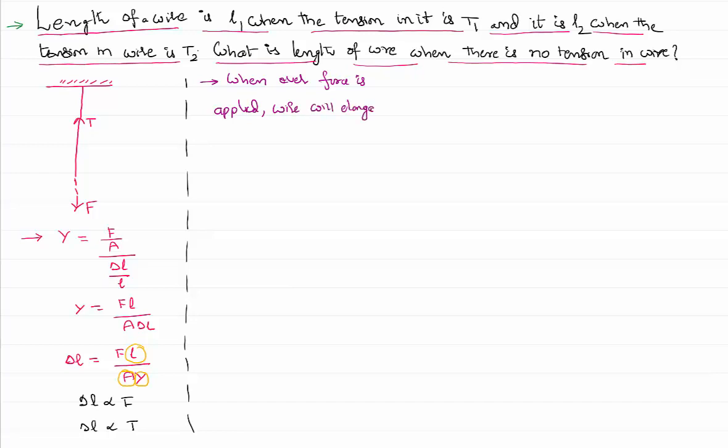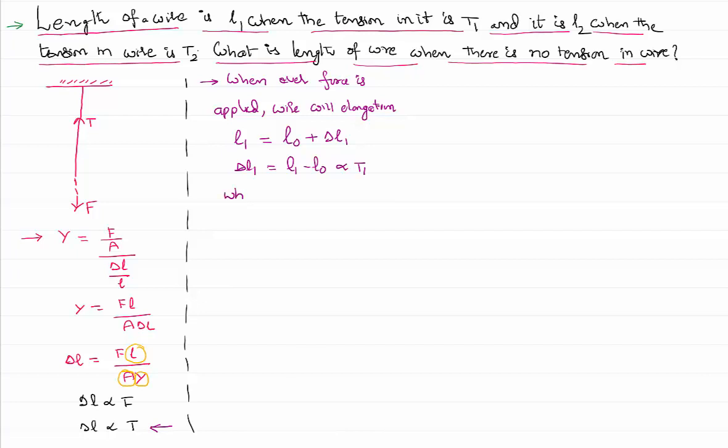So the length given as L1 is not the original length, because when you have applied a tension, it will have not only an original length but also an elongation. Let that elongation in the first case be delta L1. Then delta L1, the elongation in the first case, is L1 minus L0, and as per this it is directly proportional to tension. The tension in the first case is T1.